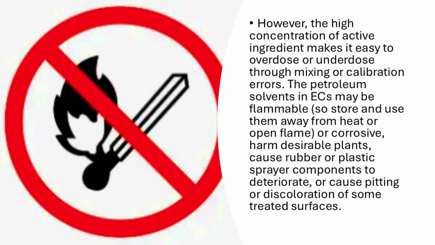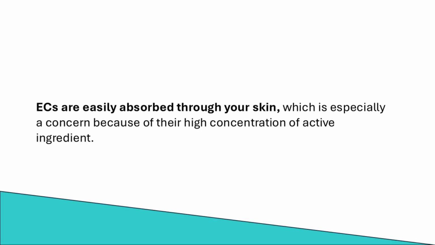The petroleum solvents in ECs may be flammable, so store and use them away from heat or open flame, or corrosive, harm desirable plants, cause rubber or plastic sprayer components to deteriorate, or cause pitting or discoloration of some treated surfaces. ECs are easily absorbed through your skin, which is especially a concern because of their high concentration of active ingredient.